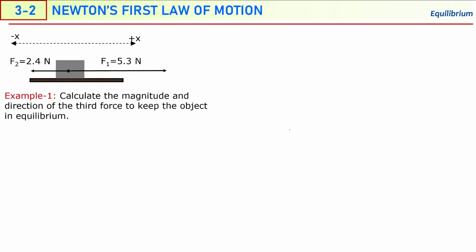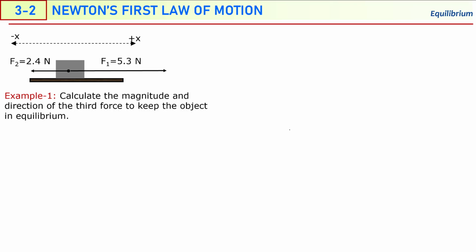I will write two simple questions to make these ideas understandable. The first example is: calculate the magnitude and direction of the third force to keep the object in equilibrium. As you see in this problem, there are two forces acting on the object. One of them is F1, the other one is F2.